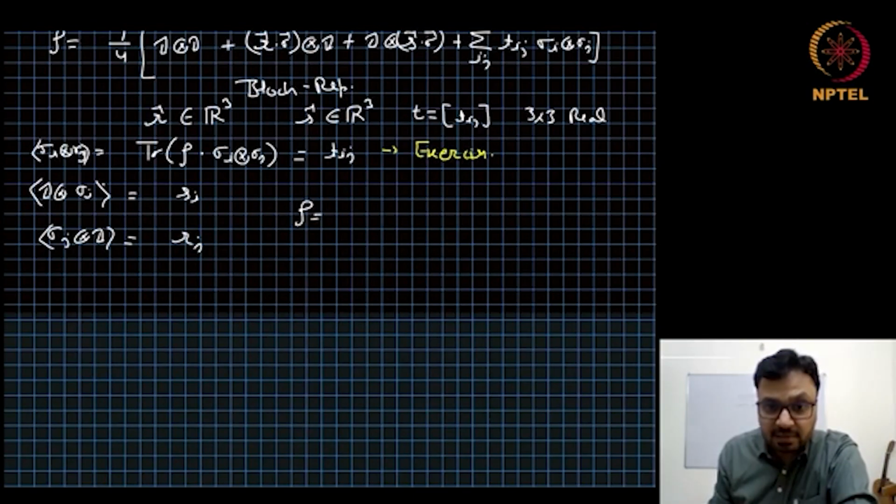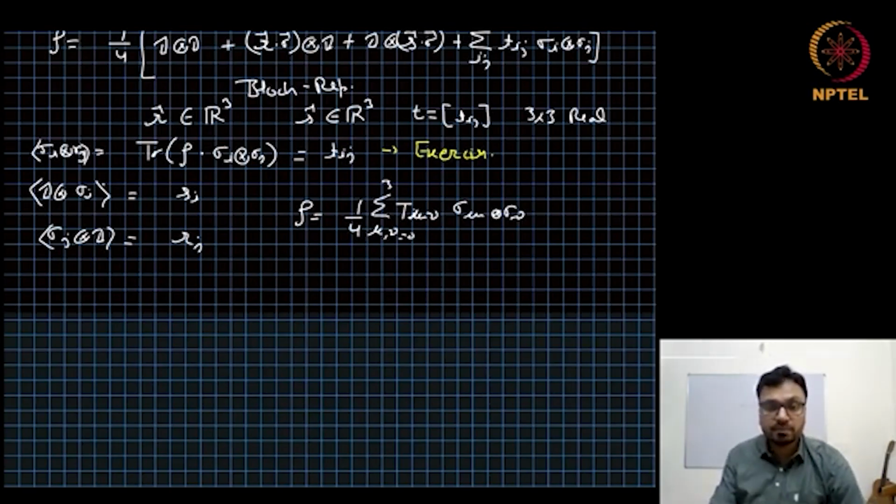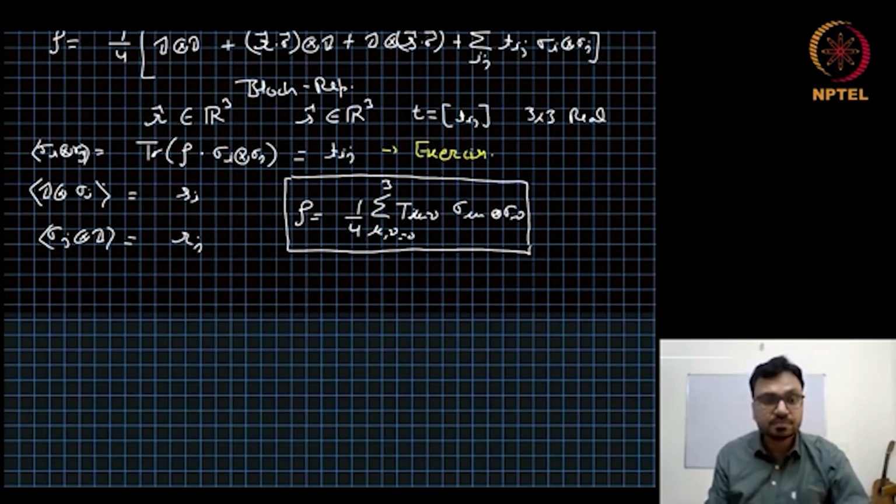So again, in short form we can write this as 1/4 sum of T_mu nu sigma_mu tensor sigma_nu, with the sum over mu and nu from 0 to 3. This is the simple shorthand notation for the Bloch representation.